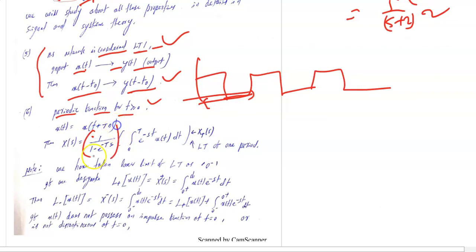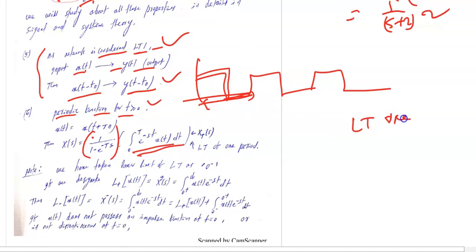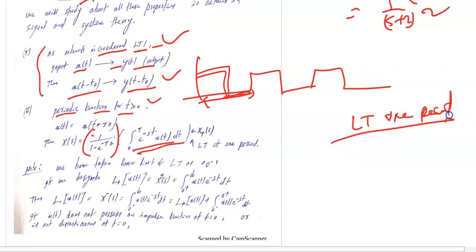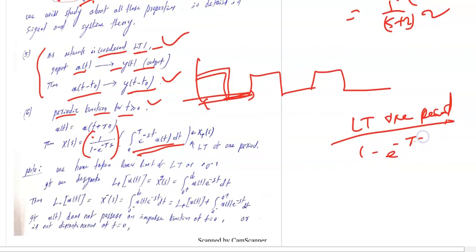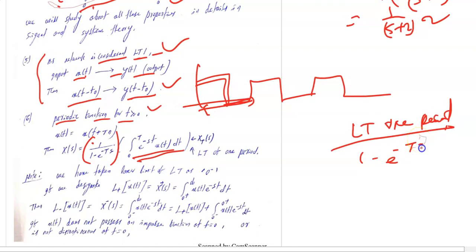How do we calculate it? It is the Laplace transform of 1 period upon 1 minus e to the power minus T s, where T is the time period of the signal.